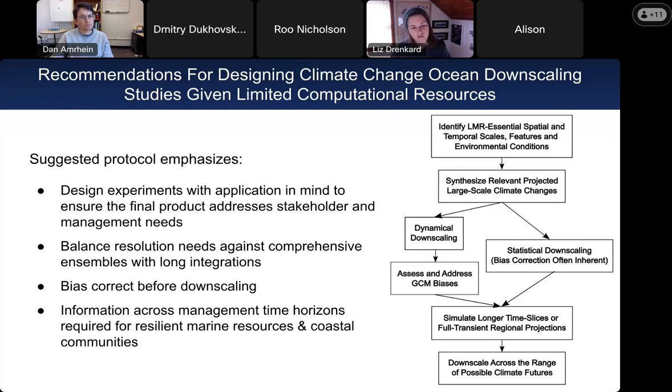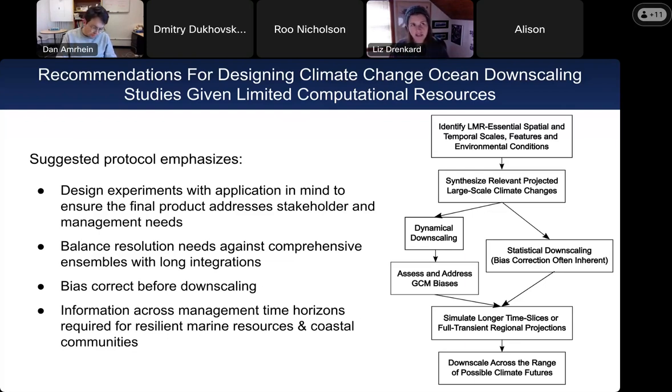Bias correction was another one that we were recommending, because if you downscale a biased Earth system model, you're going to have a biased downscaled result. And then lastly, just being mindful of the time horizons you need for management and whether it's enough to have a time slice or whether you need the whole transient signal of how the Earth system, that ocean system, has evolved over time.